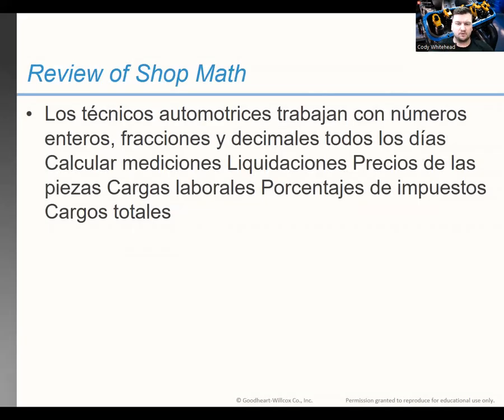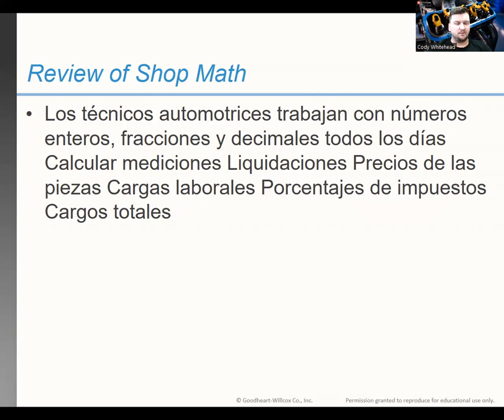Auto technicians work with whole numbers, fractions, and decimals every day. You have to calculate measurements, clearances, part prices, labor charges, tax percentages, and total charges. So you have to work with math every day in the automotive field. There's a lot that involves with it when it comes to measurements, conversions, things like that.